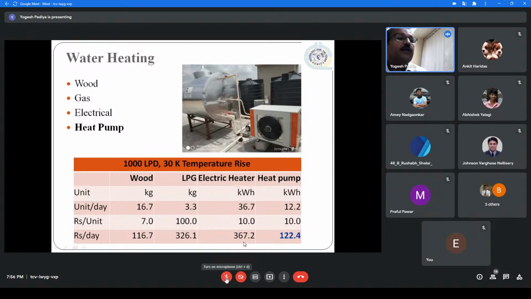Now, if you use a heat pump, 1 ton heat is being taken away. It means 3 kilowatt heat is being taken away. 1 kilowatt I am adding, so I am getting here 4 kilowatt. It means I am getting 4 kilowatt by putting only 1 kilowatt.